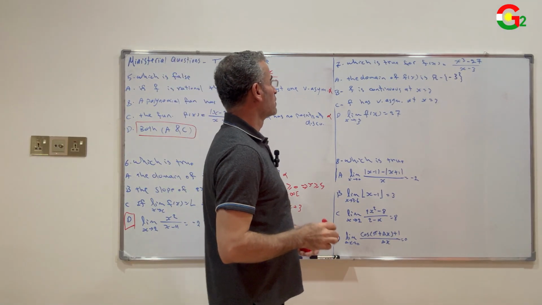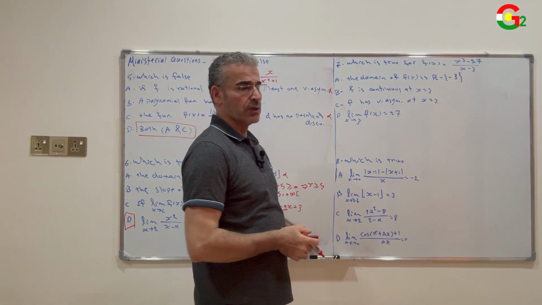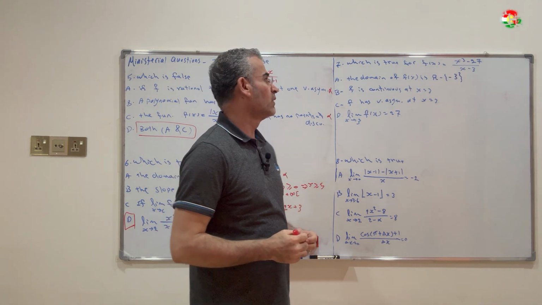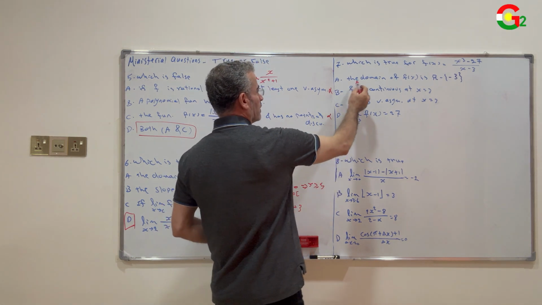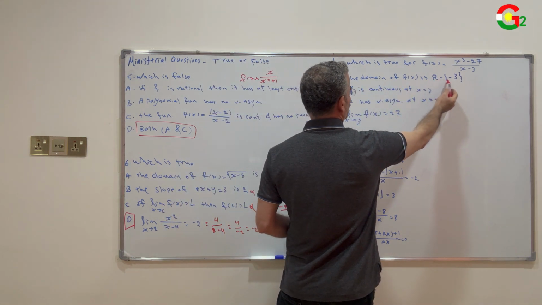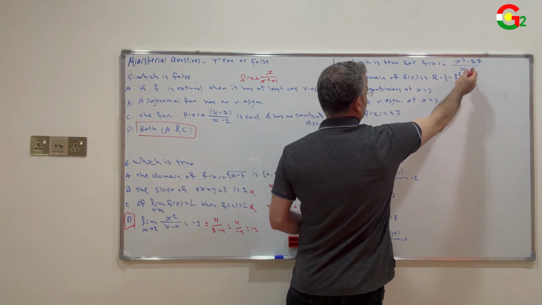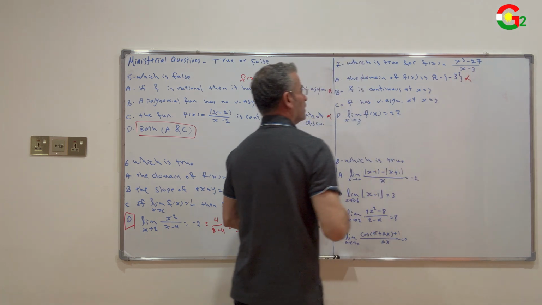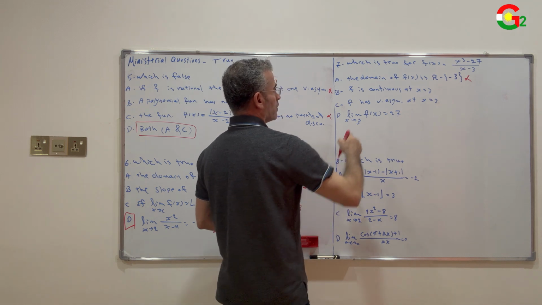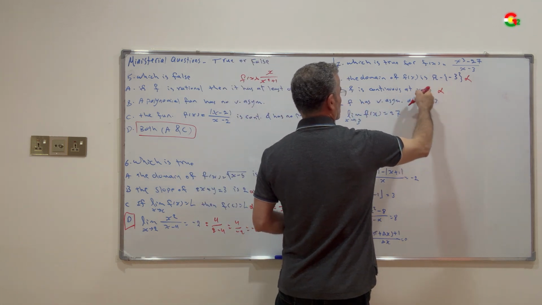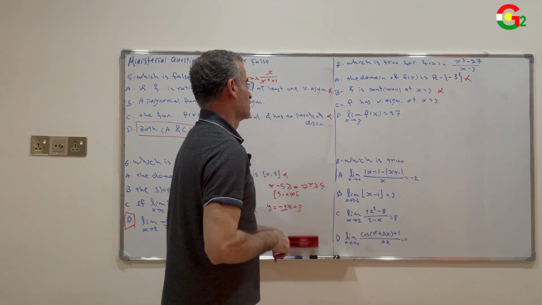Number 7, which is true for the function f of x equal x cubed minus 27 over x minus 3. The domain of this function is R except negative 3. Wrong. R except 3. F is continuous at x equals 3. Wrong, because 3 is not in the domain of this function.